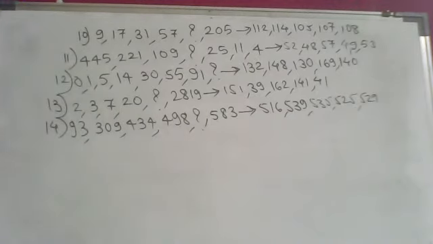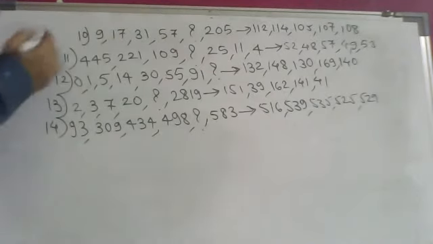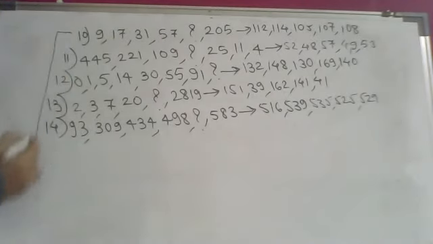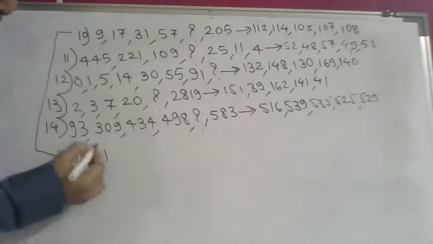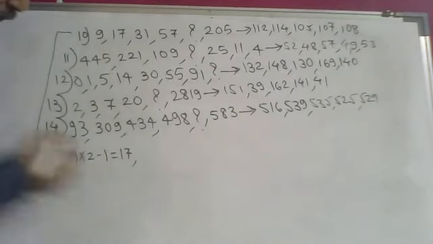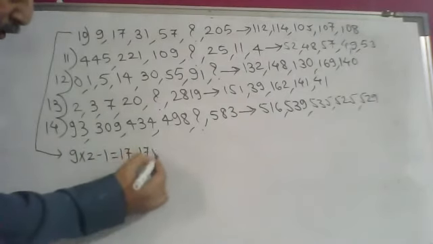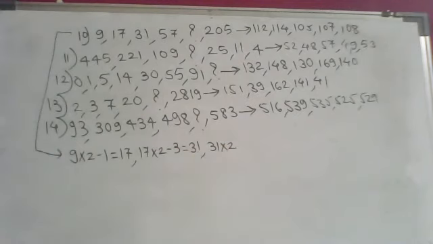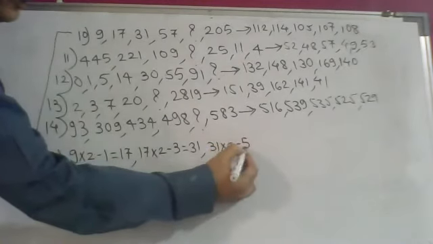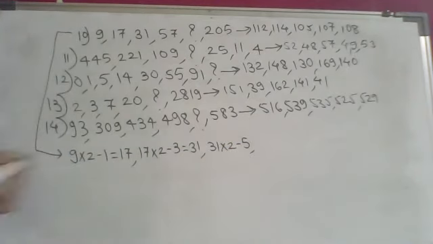Okay, now we'll solve one by one. Question number 10. 9 into 2 minus 1 is 17. 17 into 2, 34, minus 3 is 31. 31 into 2, 62, minus 5 is 57.